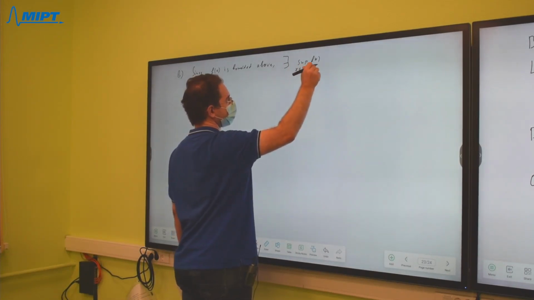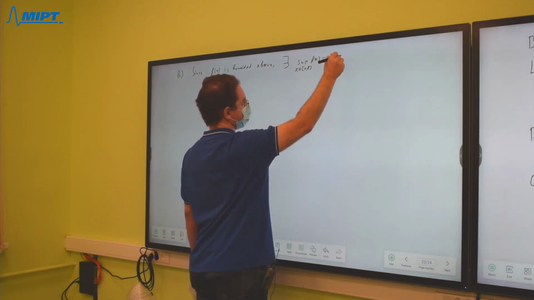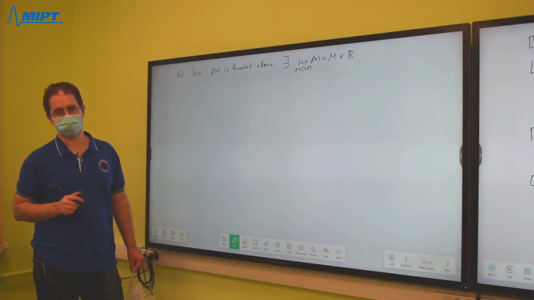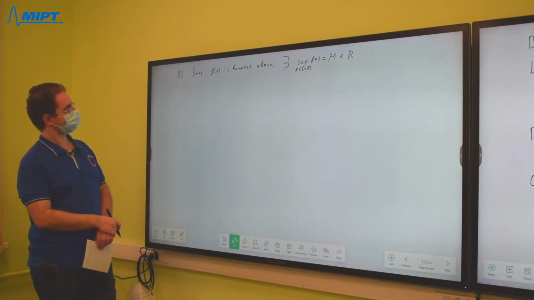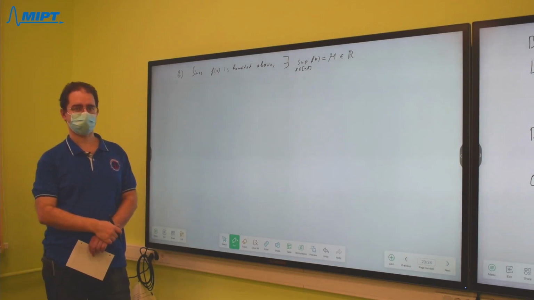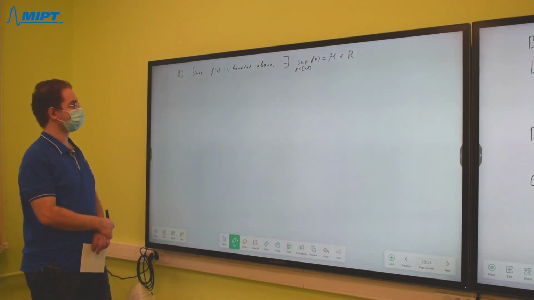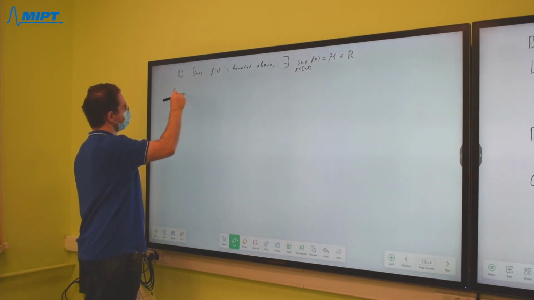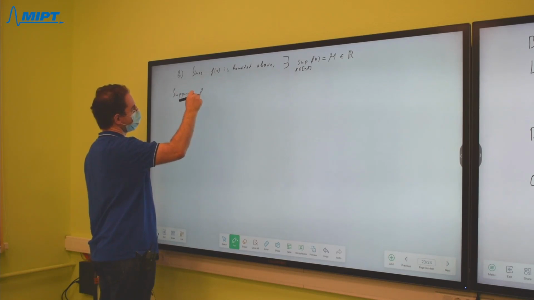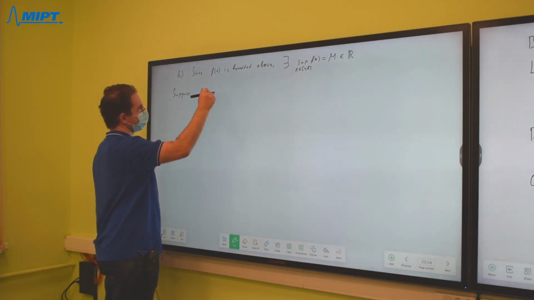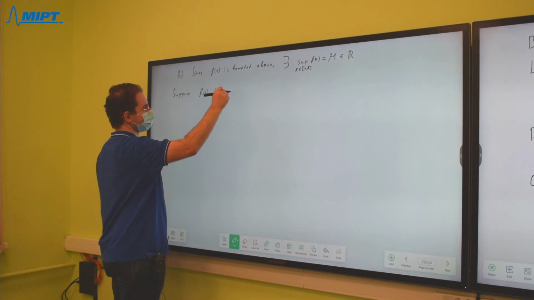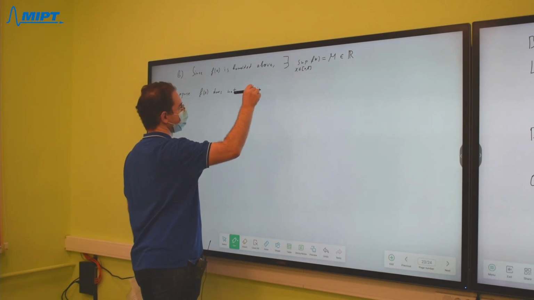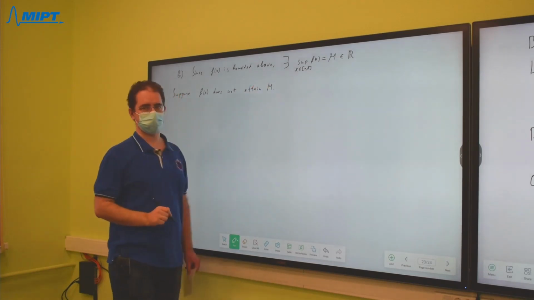Let's call this supremum capital M. This is a real number. Suppose my function does not attain this value.